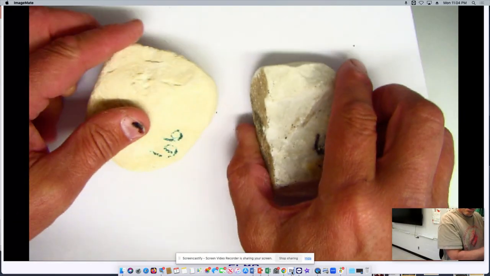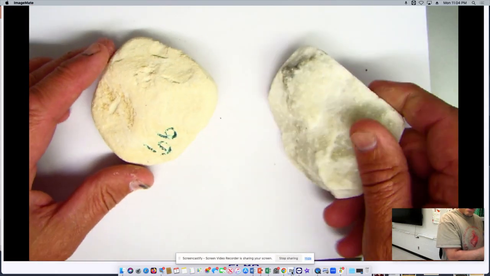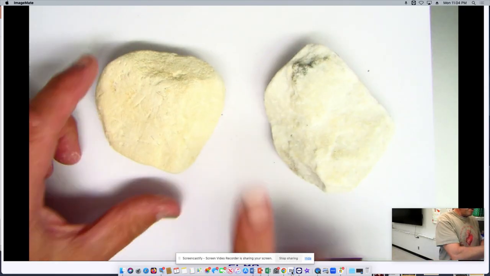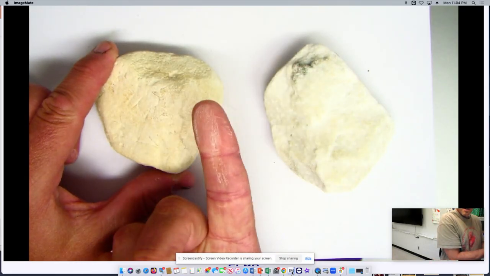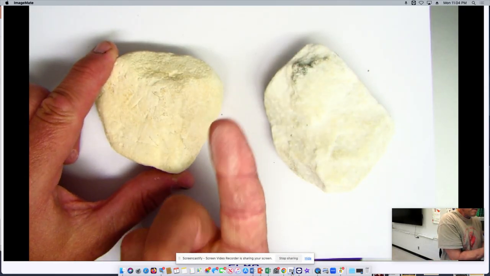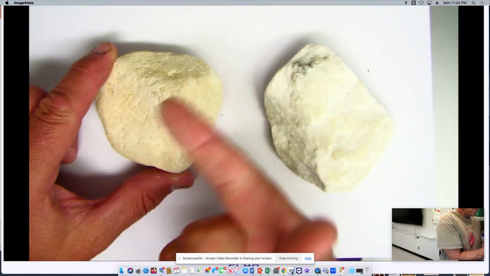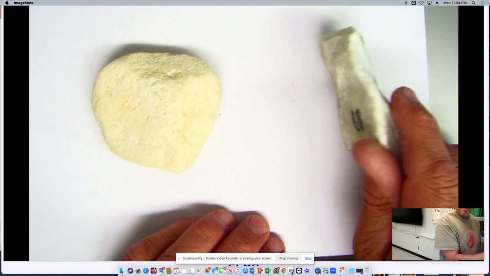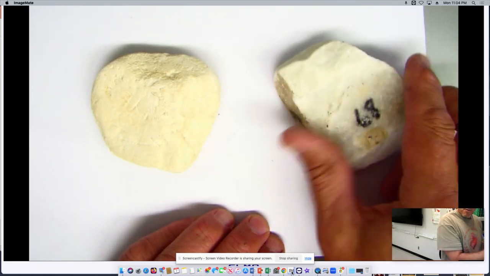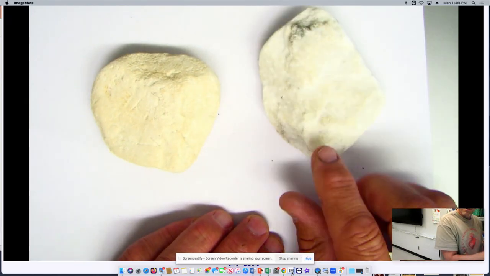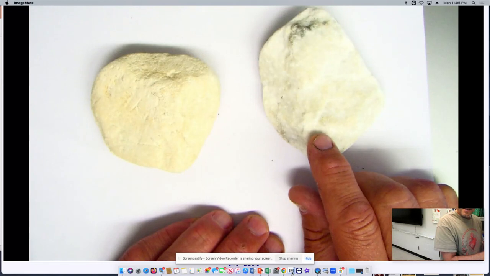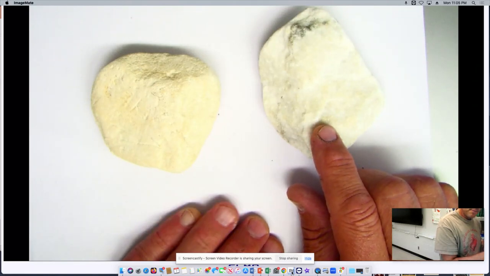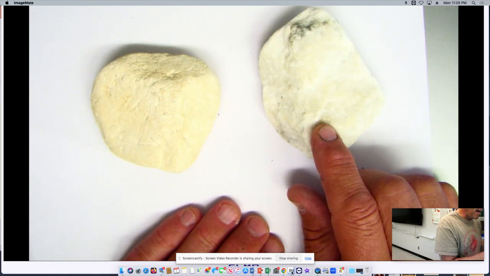Okay, so this, as you might remember, is chalk. And I can tell it's chalk because of this smudgy, chalky powder on my finger. And this one is marble. You may or may not have seen things that are marble. Sometimes headstones are made out of marble. Some people might have a marble countertop.